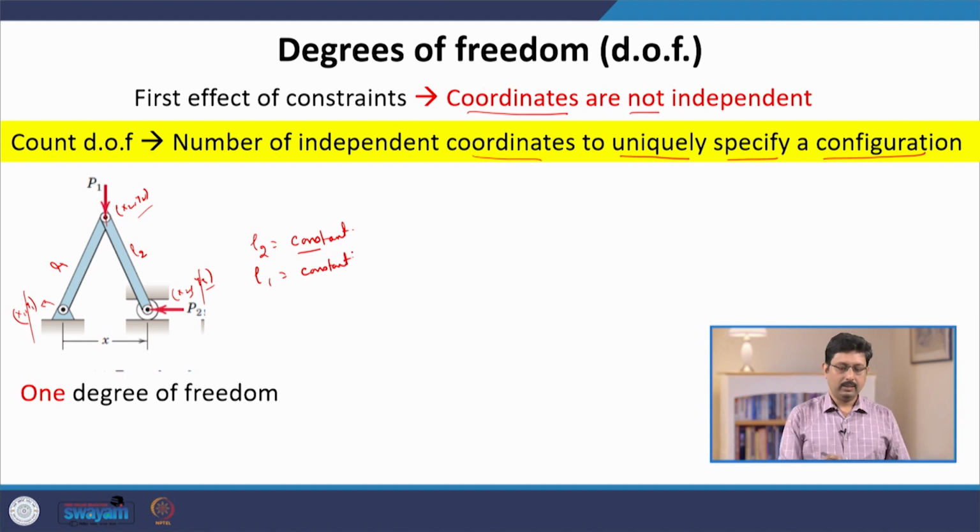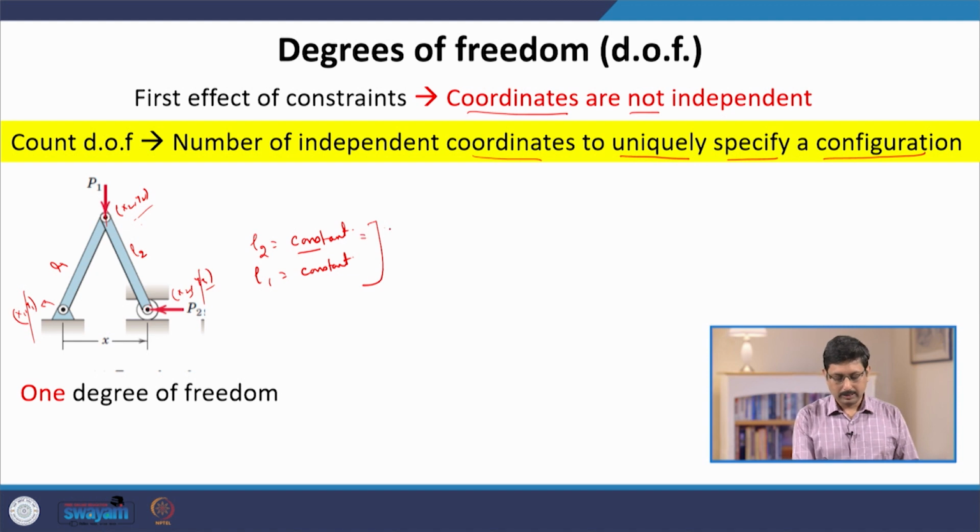So, we see that even though we have 3 variable coordinates, x2, y2 that determine the position of this point and the x coordinate that determines the position of this point, there are 2 constraints involving those coordinates.